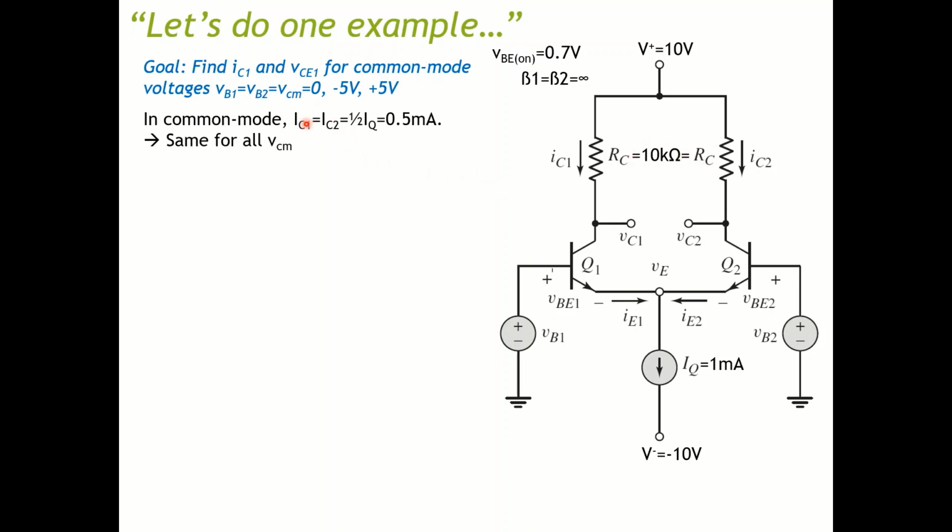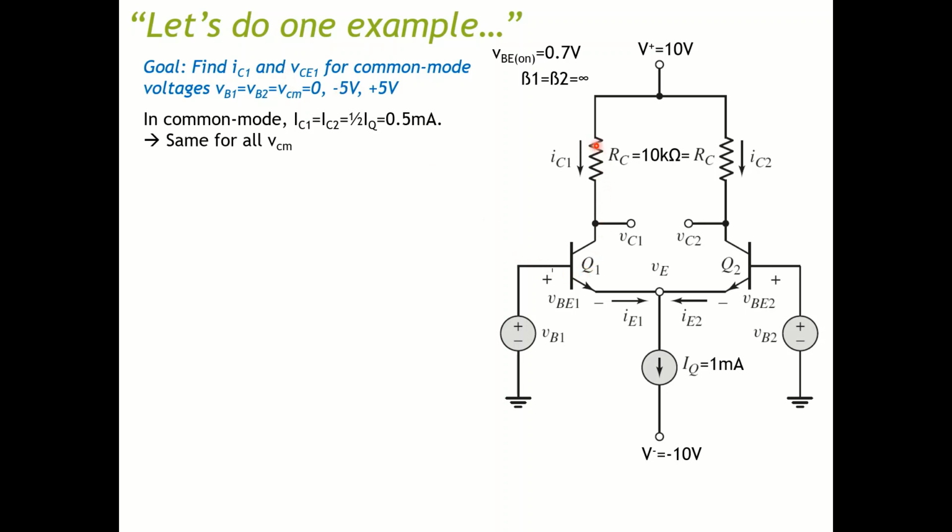So the first thing you can calculate is that in common mode, that means VB1 equals VB2. The question is to find IC1 and VCE1.